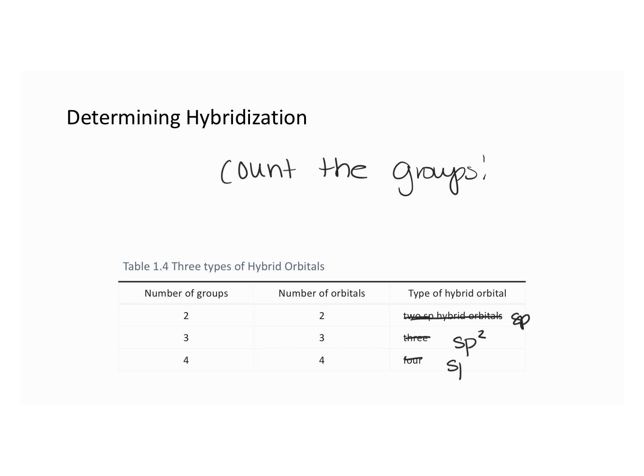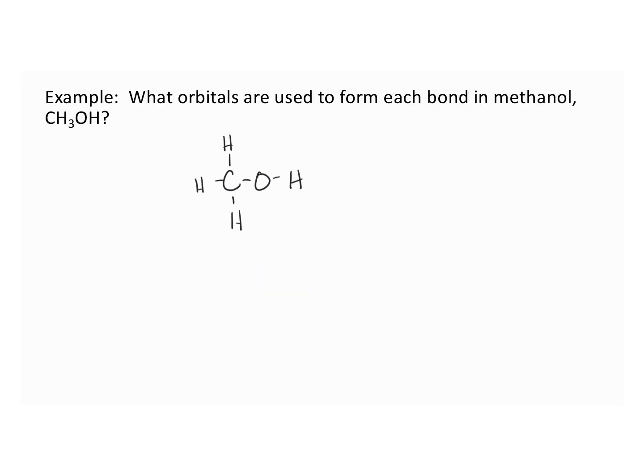And if it's 4 groups, it's sp3 hybridized. Now, those groups, remember, are atoms and non-bonded electron pairs. So lone pairs and atoms. So let's do an example.